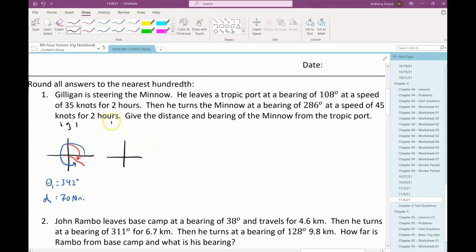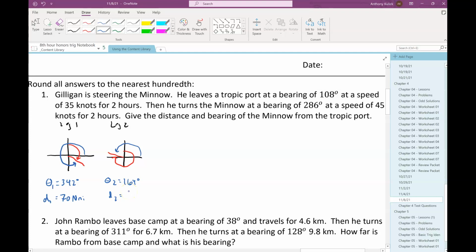And then our second turn, 286 is our bearing. So again, our theta is going to be 180 minus 16, so 164.